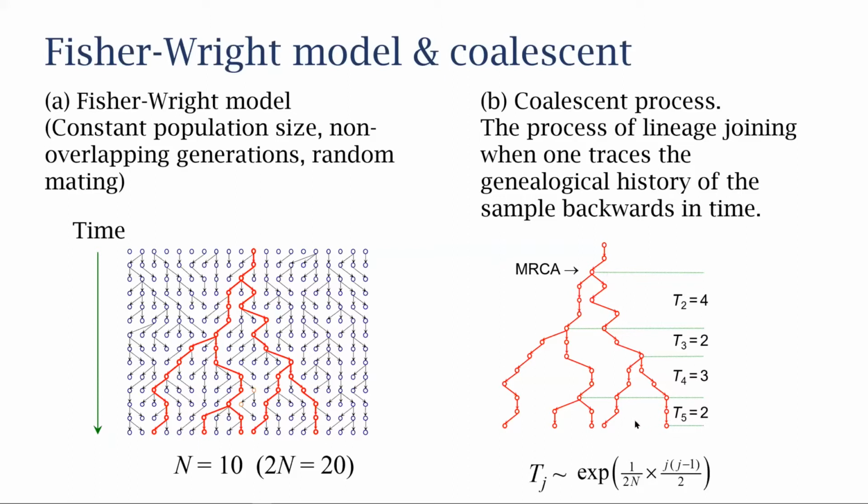The rate of coalescence is given by 1/2n, that's the rate of coalescence in one generation for every pair, and then the rate gets lower and lower when you have fewer pairs to coalesce.